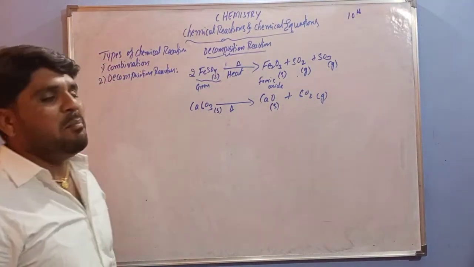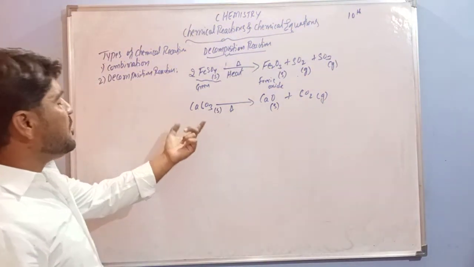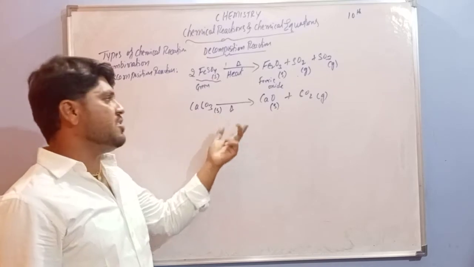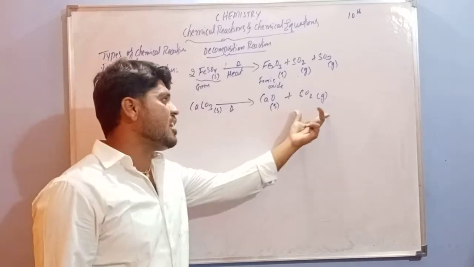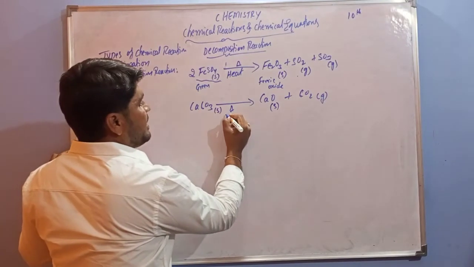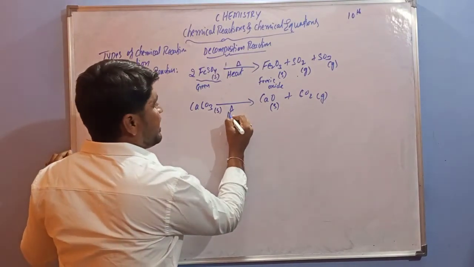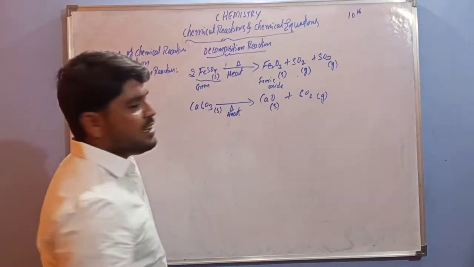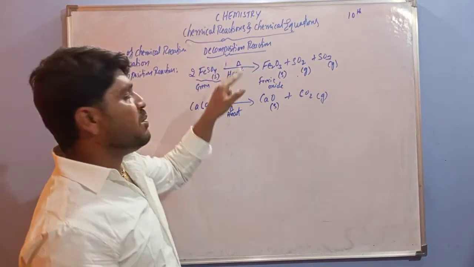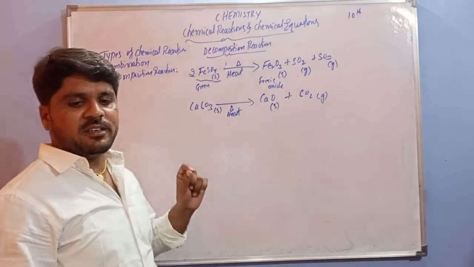So it is a balanced reaction. If you heat calcium carbonate, we get calcium oxide and carbon dioxide. This reaction is also carried out by heat, and is also an example of decomposition reactions.